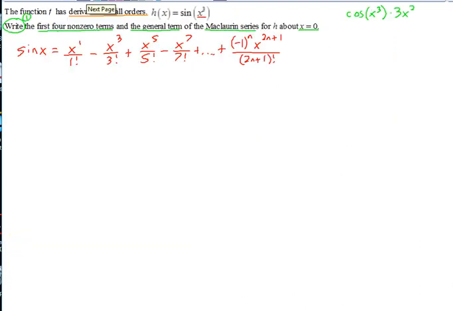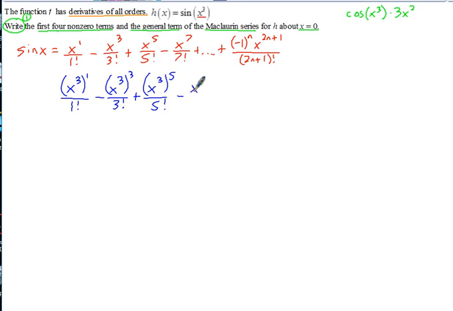However, all we have to do now for sine of x cubed is wherever there's an x, replace it with x cubed. So this would be x cubed to the first over 1 factorial, minus x cubed to the third over 3 factorial, plus x cubed to the fifth over 5 factorial, minus x cubed to the seventh over 7 factorial, plus dot dot dot, it keeps on going forever.